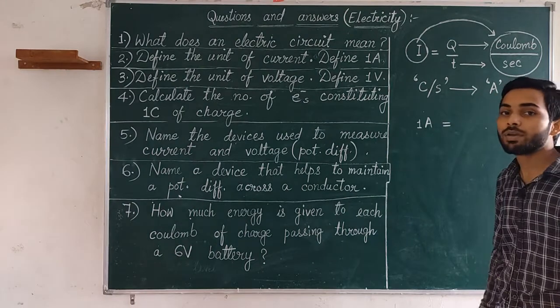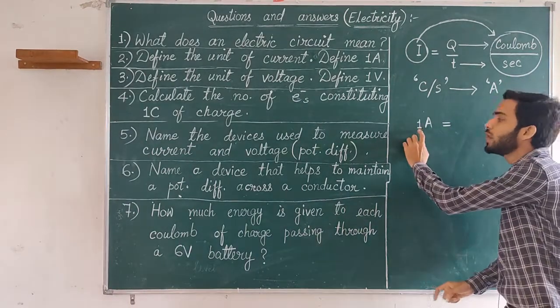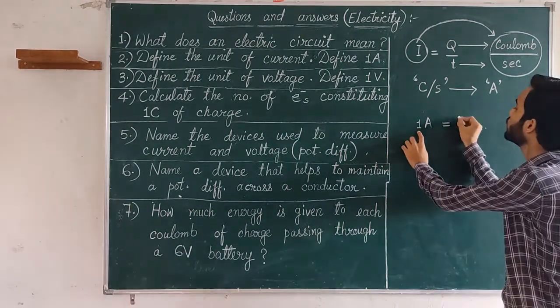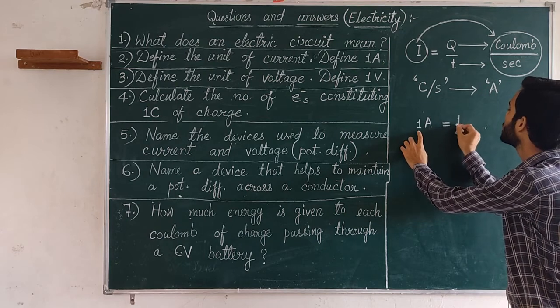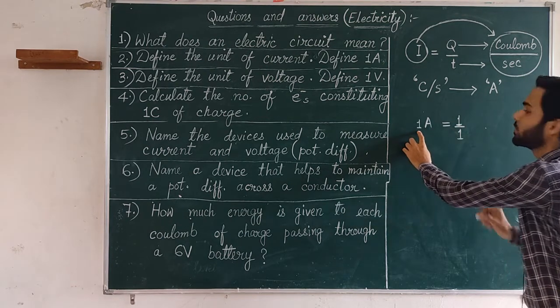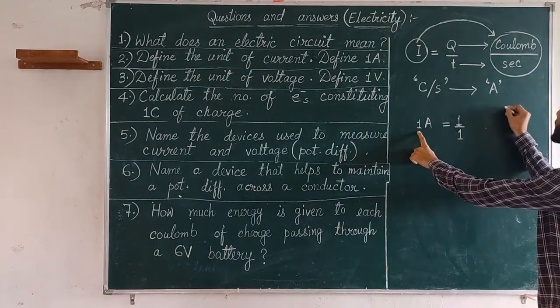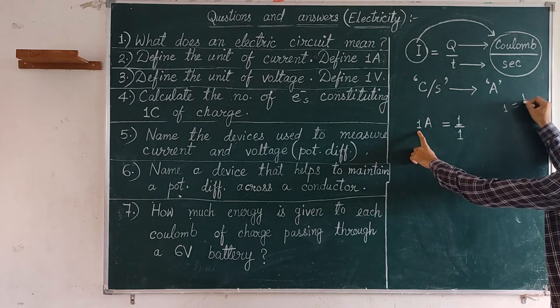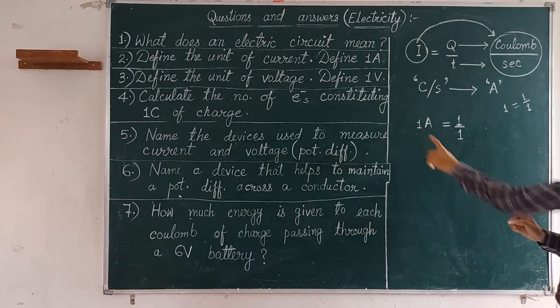I can write 1 equal to 1 by 1, because you already know that 1 can be written as 1 by 1. There is not any doubt in it.